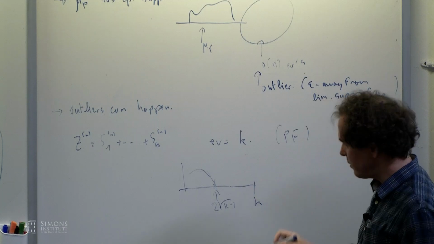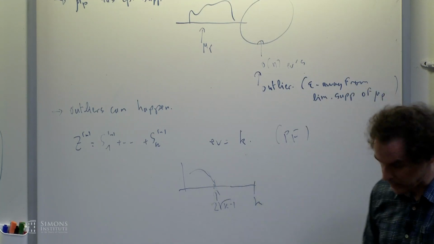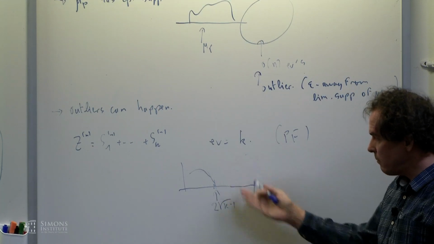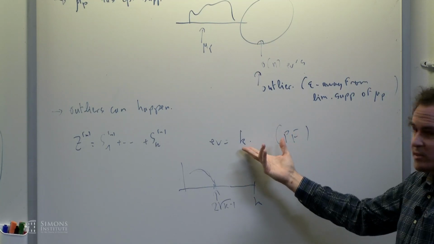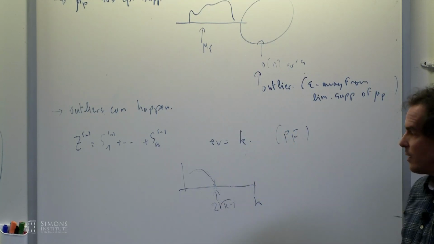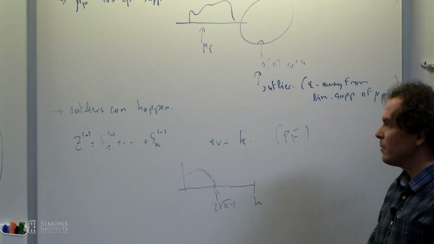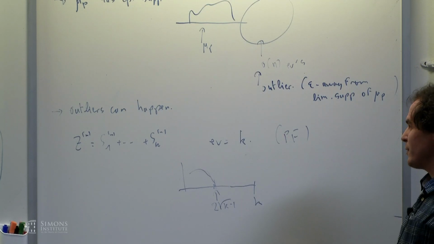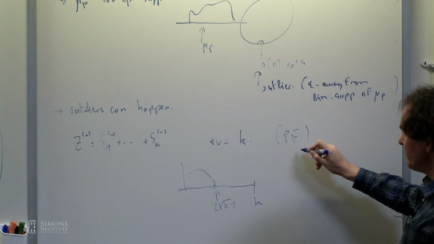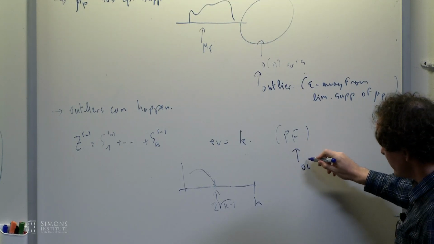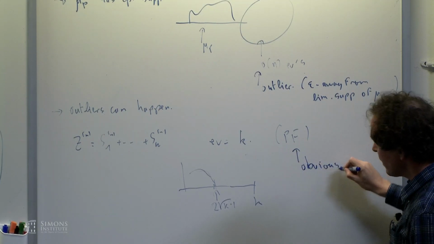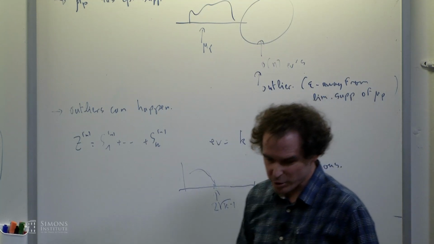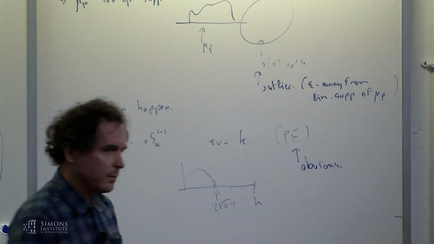So as soon as k is at least 3, this one should be considered an outlier. So we have an obvious outlier. And so the question becomes: do we have non-obvious outliers?